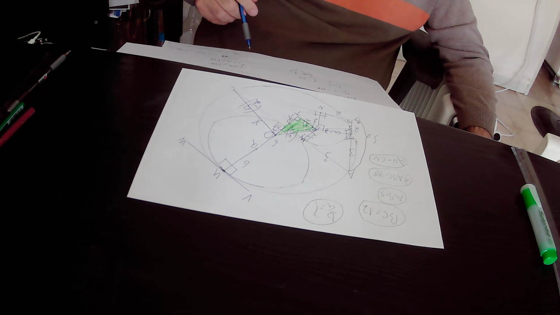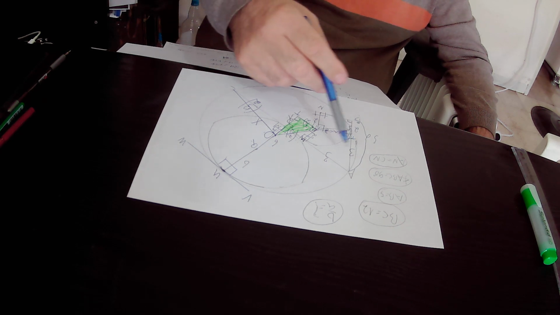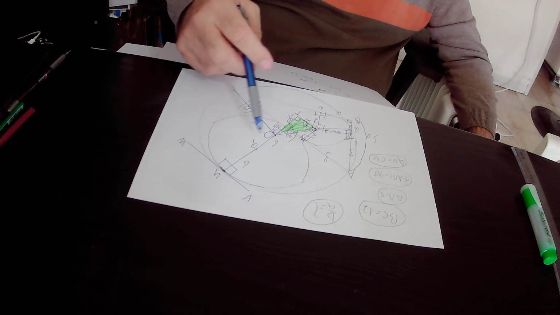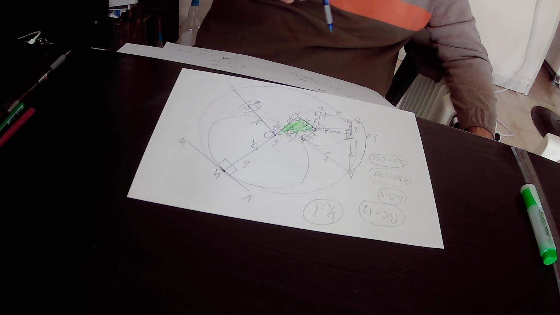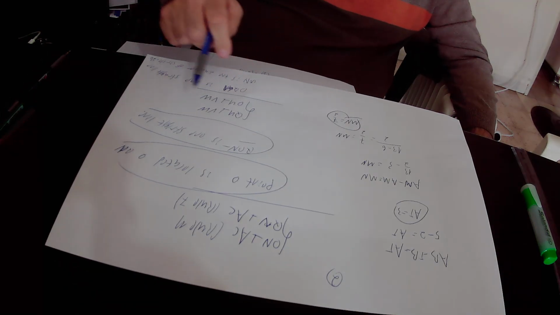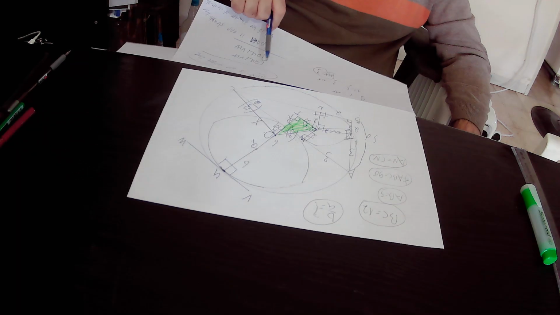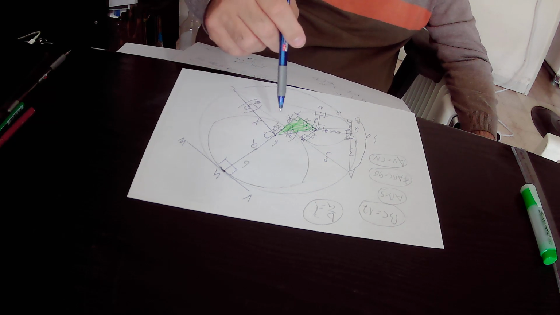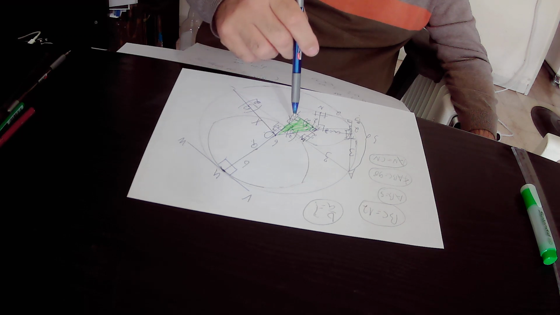Otherwise, ON would not be perpendicular to AC. Only if point O is located on QN, only then will ON be perpendicular to AC. Therefore, we must conclude that points Q, O, and N are all located on the same straight line. QON is one straight line.